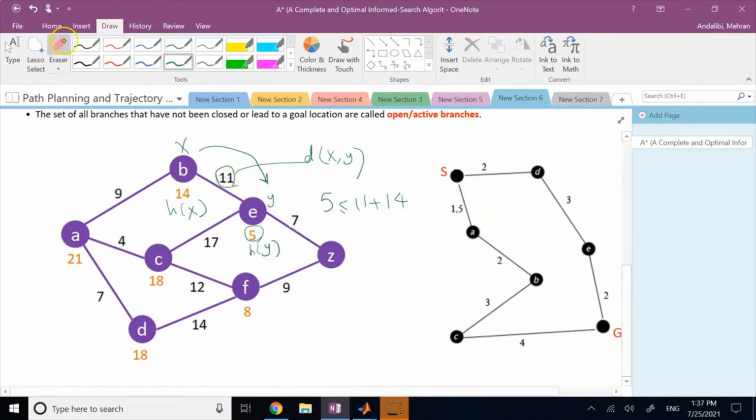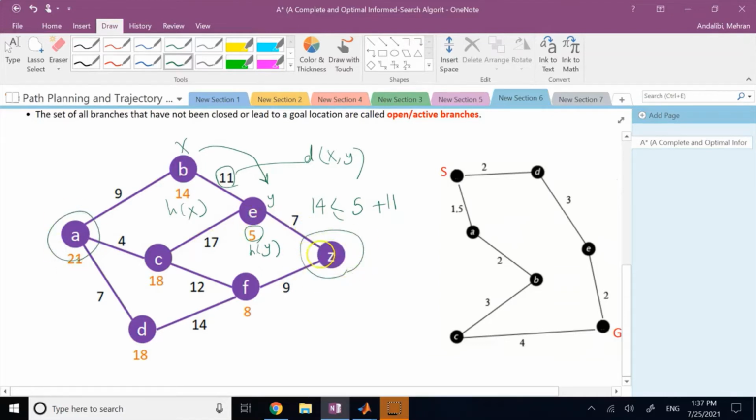And now it is going to be 11 is less than or equal to 5 plus 14, right? No, I'm sorry: h at x is 14, and it is less than or equal to 11 plus 5. And you see that's the case here. So it doesn't matter which direction I go, especially when I go from B to E, because I start here at A and want to end at Z.